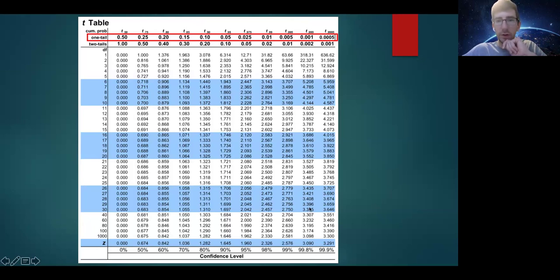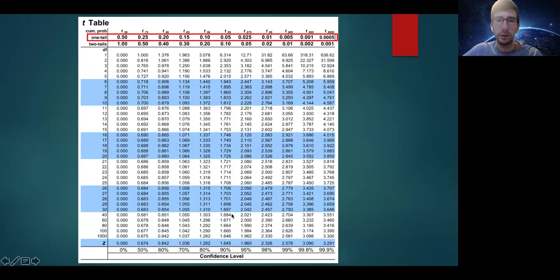Hopefully it's clear that these are T values instead of areas under the curve, because we have values that are greater than 1 all the way up to very large values over here. And the area under the curve for a normal distribution or a T distribution is always equal to 1, so you can never have an area under the curve greater than 1.